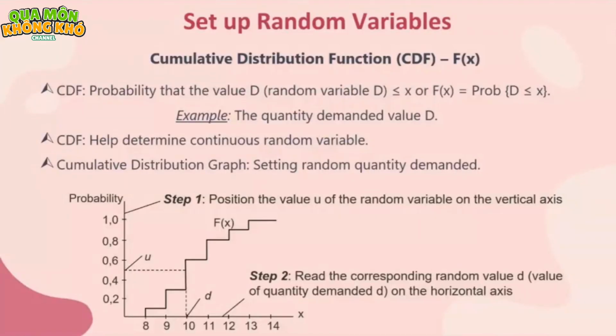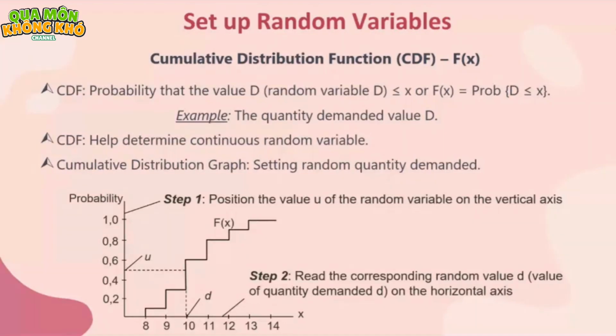The next one is about the cumulative distribution function. This function gives the probability that the value D is less than x, so F(x) equals the probability. We can write it like this too.